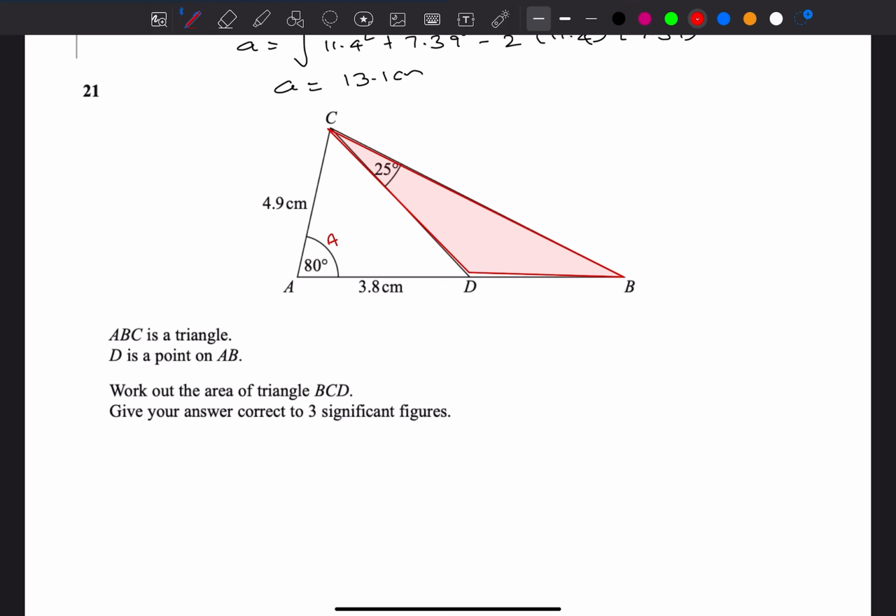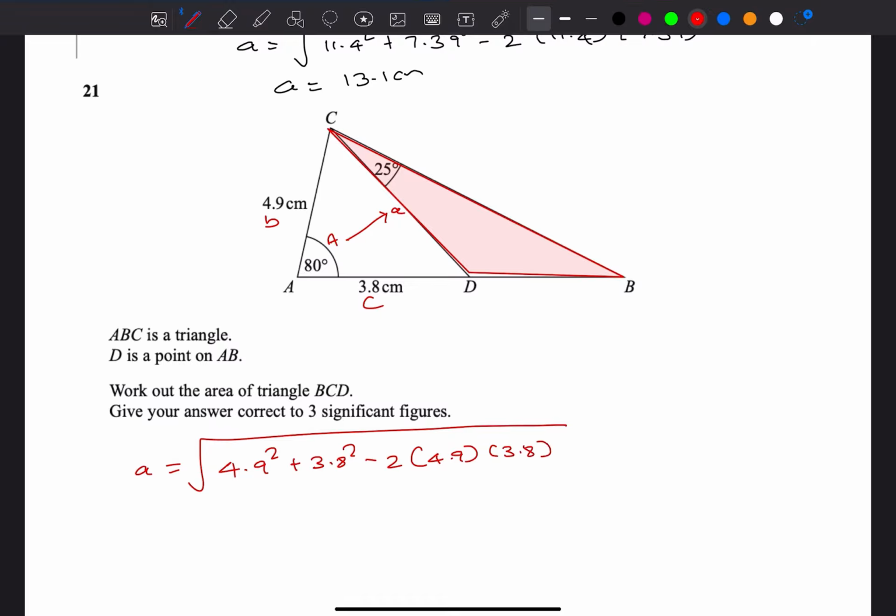So this is A. This will be side A. B and C could be here. It is square root of B squared plus C squared. So 4.9 squared plus 3.8 squared minus 2 times 4.9 times 3.8 cos 80. It works out. Give me 2 decimal places.